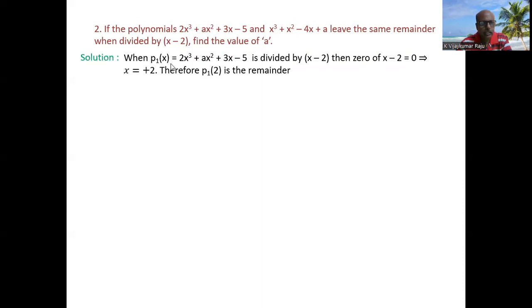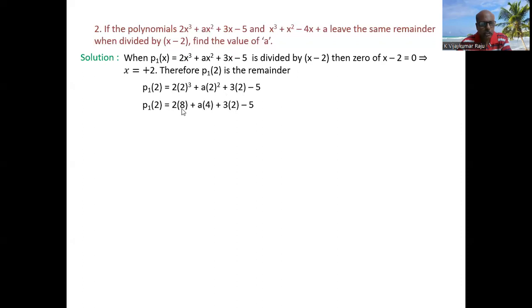P1(x) is divided by x − 2. Then x − 2 = 0 gives x = +2. Therefore, P1(2) is the remainder. So let's put x = 2. P1(2) = 2³ + a·2² + 3·2 − 5. 2³ is 8, plus 4a, since 2² is 4, plus 3 into 2 is 6, minus 5.